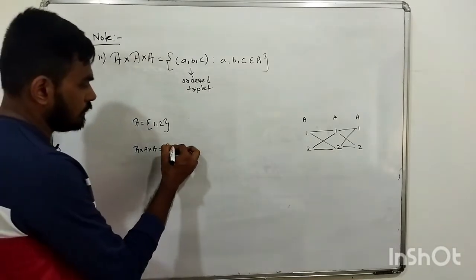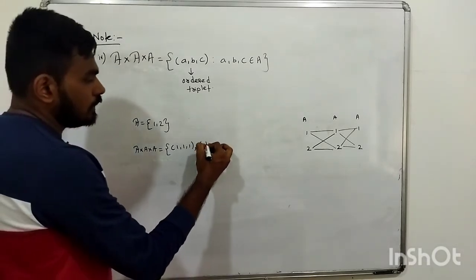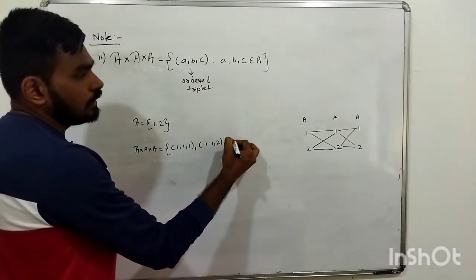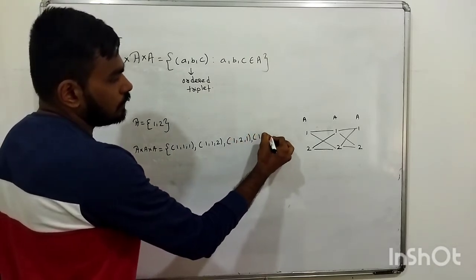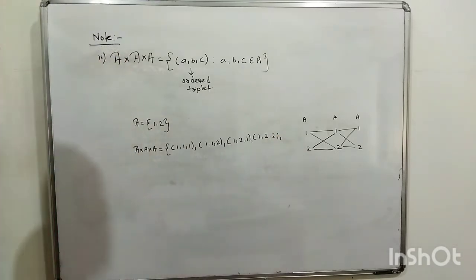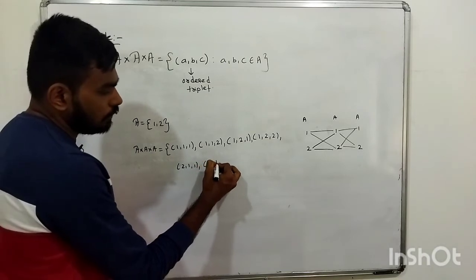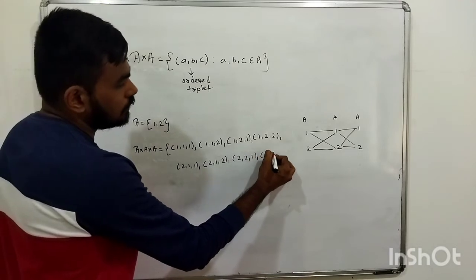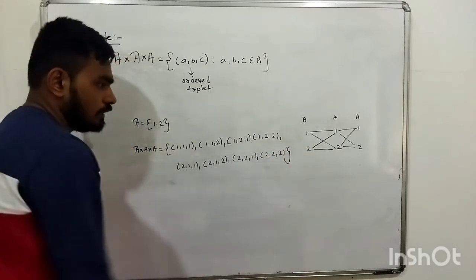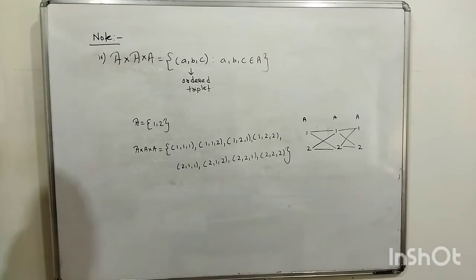We write them one by one: 1, 1, 1 is one triplet, then 1, 1, 2 the second, 1, 2, 1 the third, 1, 2, 2 the fourth. Similarly with 2 we get 2, 1, 1; 2, 1, 2; 2, 2, 1; and 2, 2, 2. So like this we get A cross A cross A. These are all the ordered triplets.